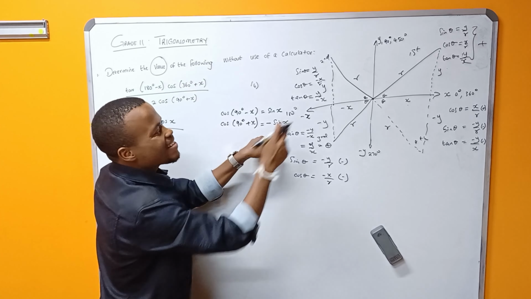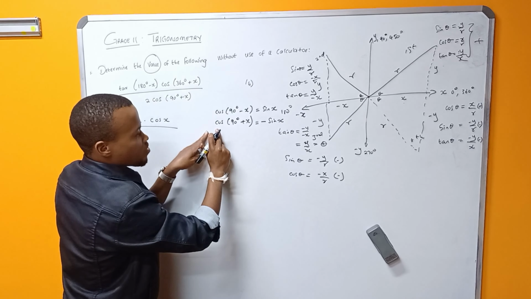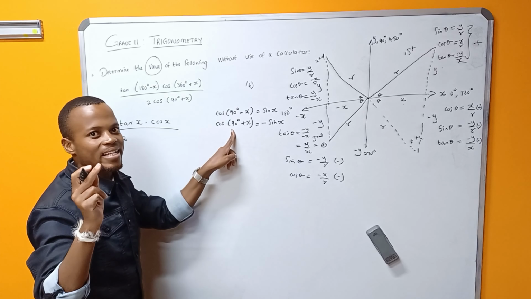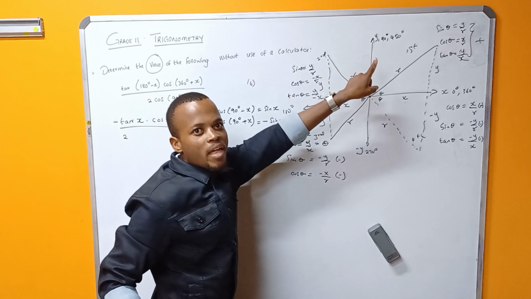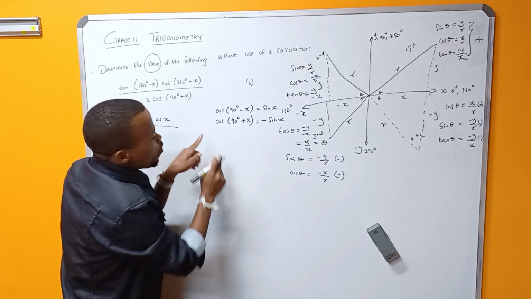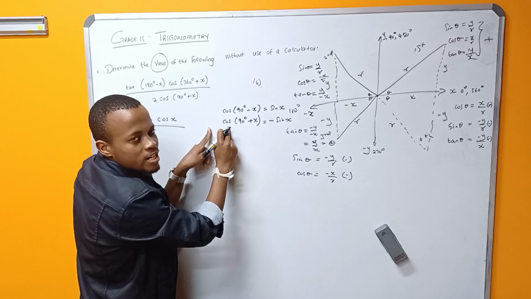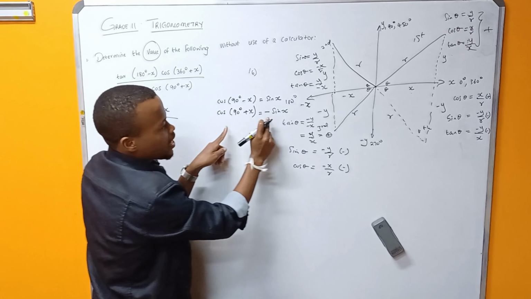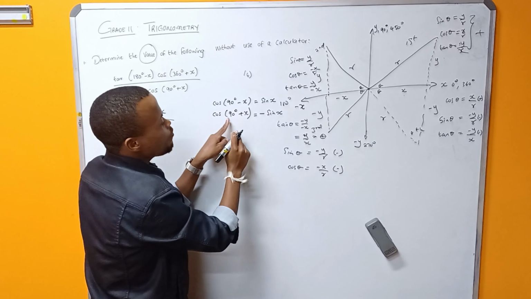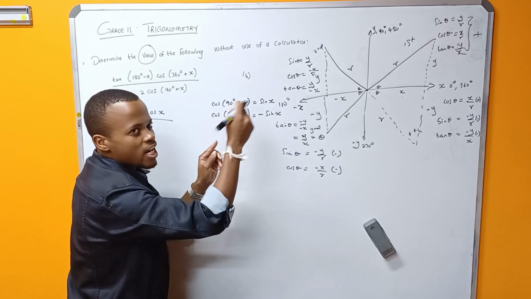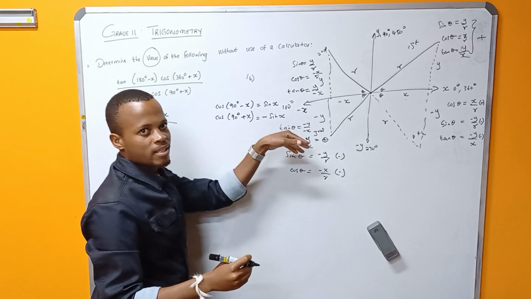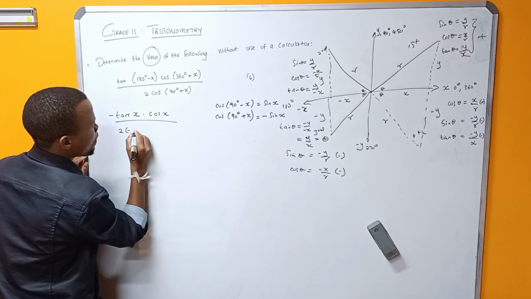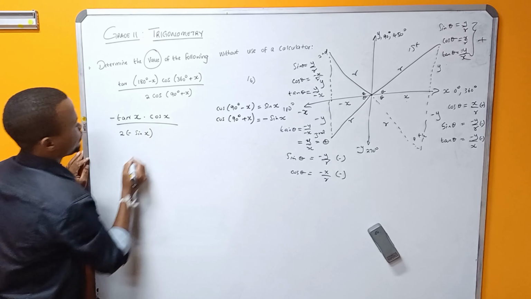The sign for cos in the second quadrant is negative, and since we have 90 plus, cos changes to sine, so we end up with minus sine x.